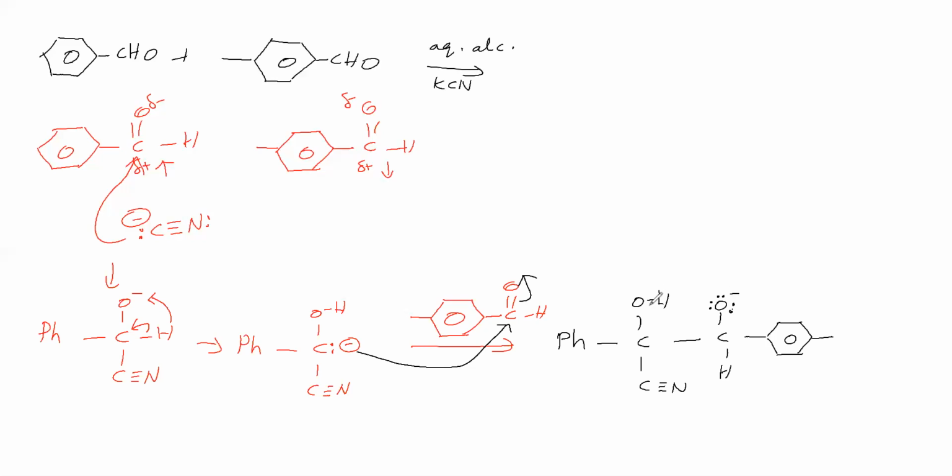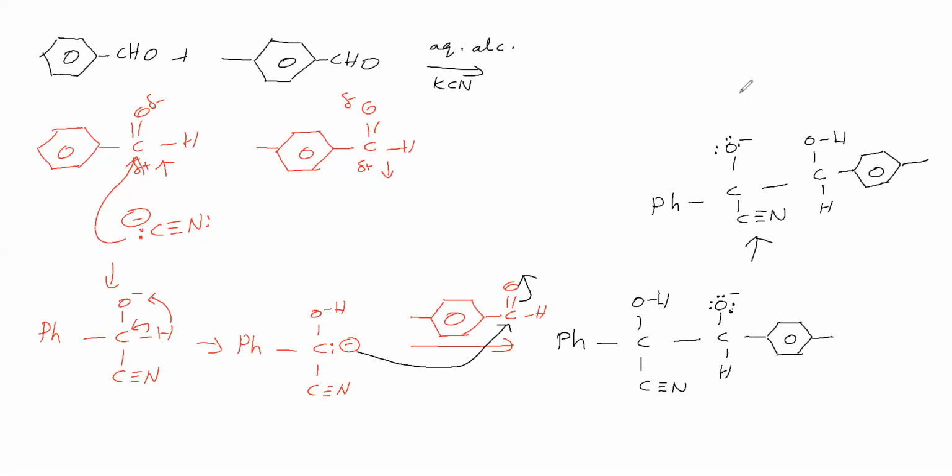Next, from here H plus transfers to this place. So Ph, C CN, it is O minus, CH, OH, here phenyl ring, at para position methyl group. Then next step we will see.